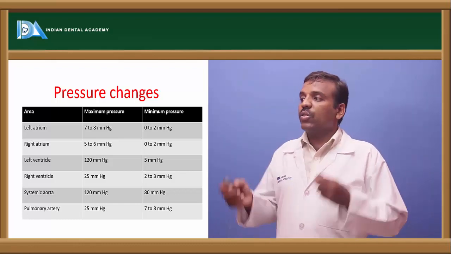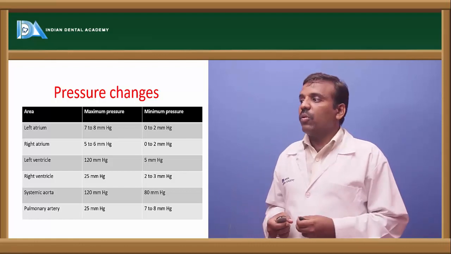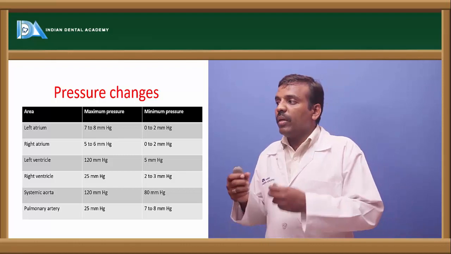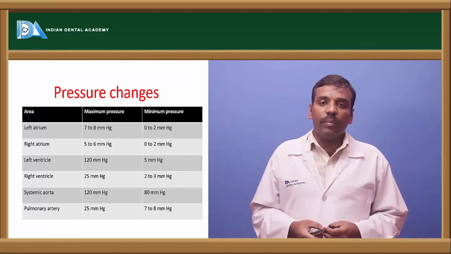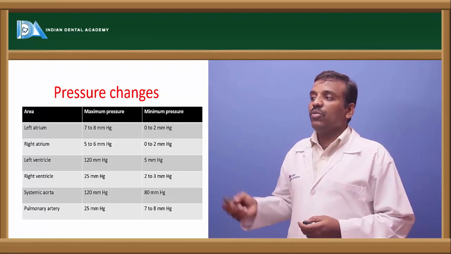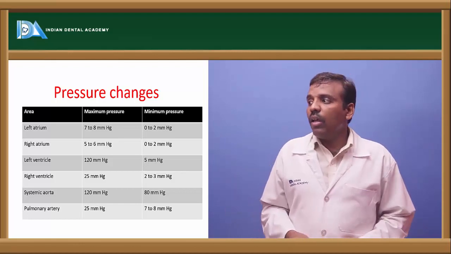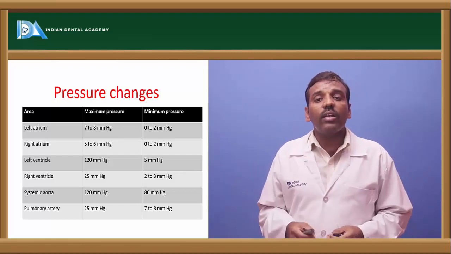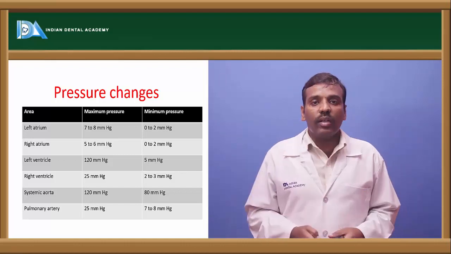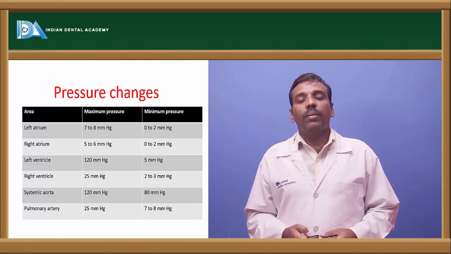In case of the left ventricle, it is about 120 millimeters of mercury, and the minimum pressure is about 5 millimeters of mercury. And next, in case of the right ventricle, the maximum pressure is about 25 millimeters of mercury, and the minimum pressure is about 2 to 3 millimeters of mercury.